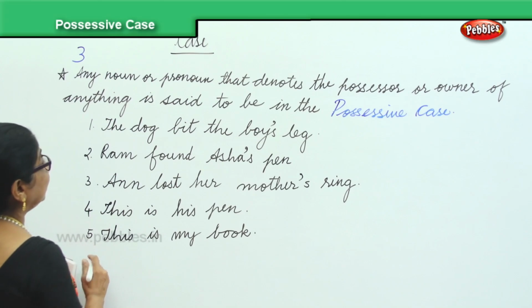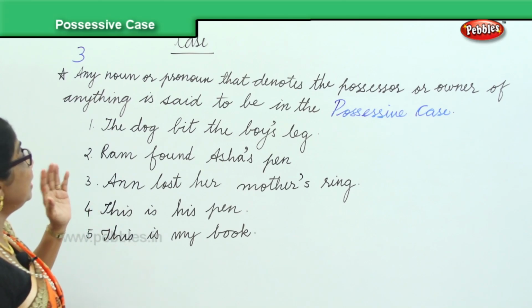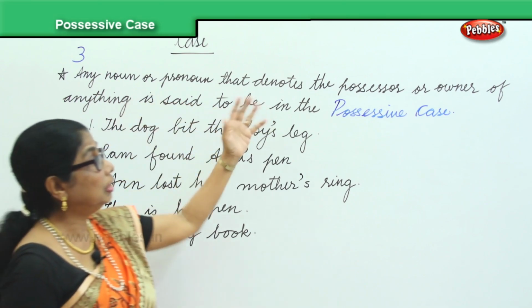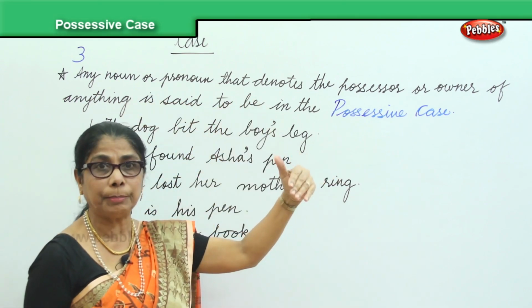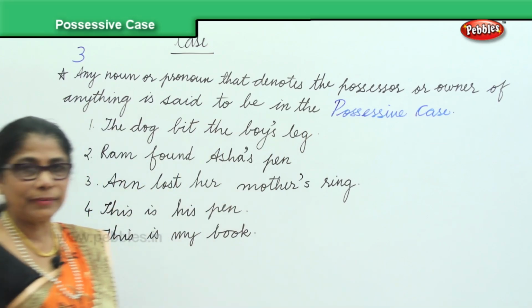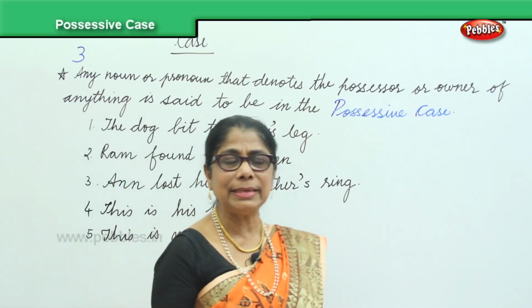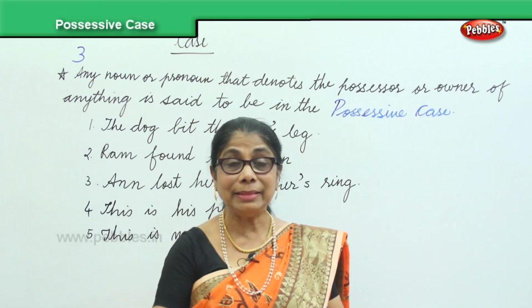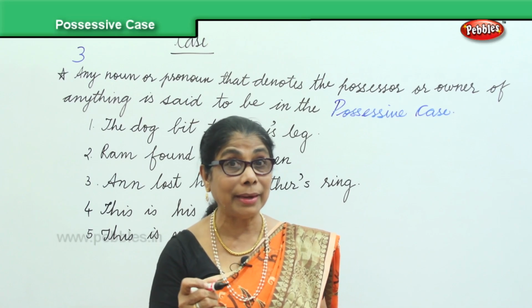We can say any noun or pronoun that denotes the possessor, ownership, owner of anything is said to be in the possessive case. As I told you, this is my book. Mine, I'm the owner. This is Kala's pen.